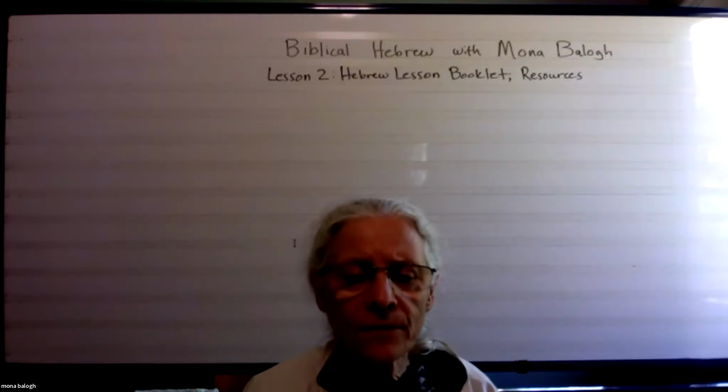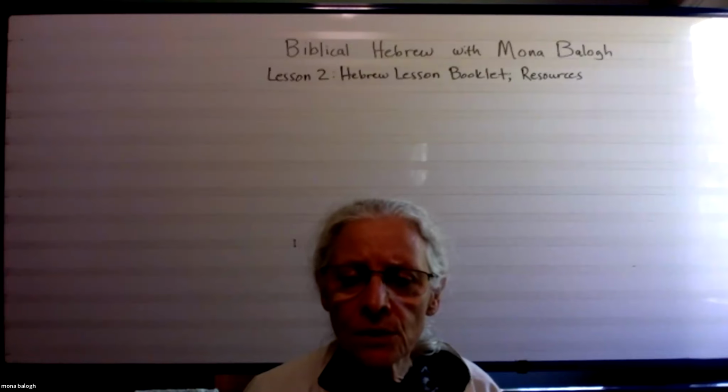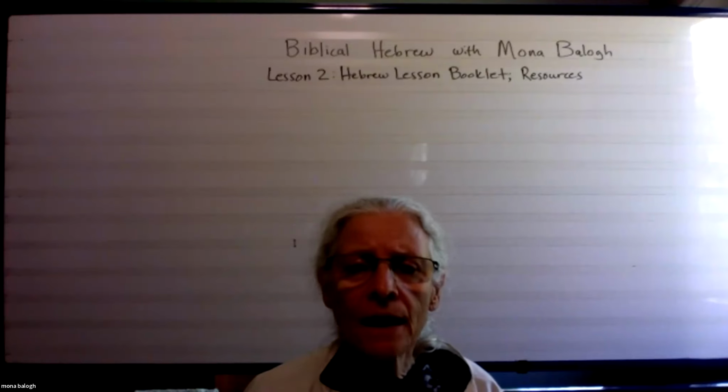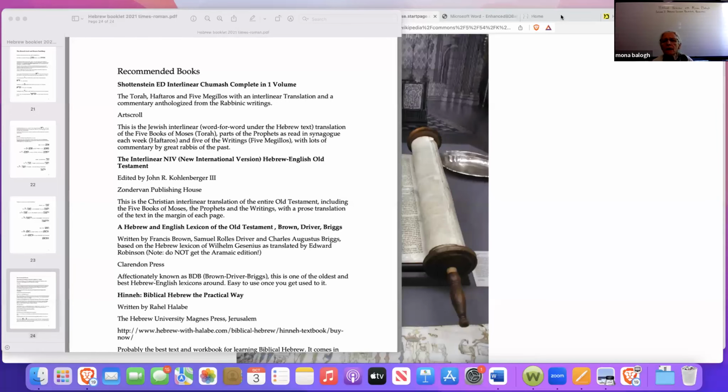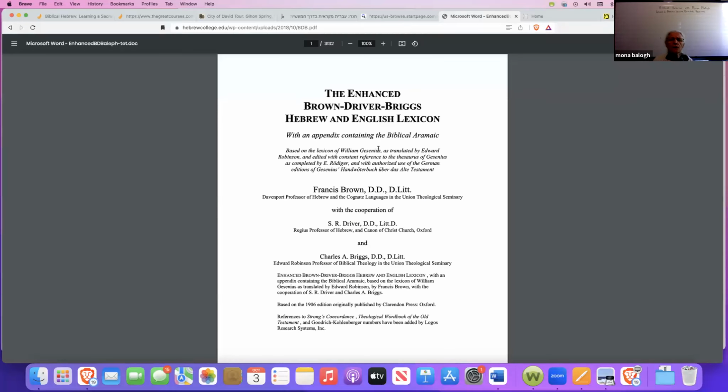All right, so let me go to screen share, and we're going to take a look at the online Brown Driver Briggs. Here it is. You can see the enhanced Brown Driver Briggs Hebrew and English lexicon. You can just go to a free version. Up here, I do have the page numbers. This version online has 3,132 pages.